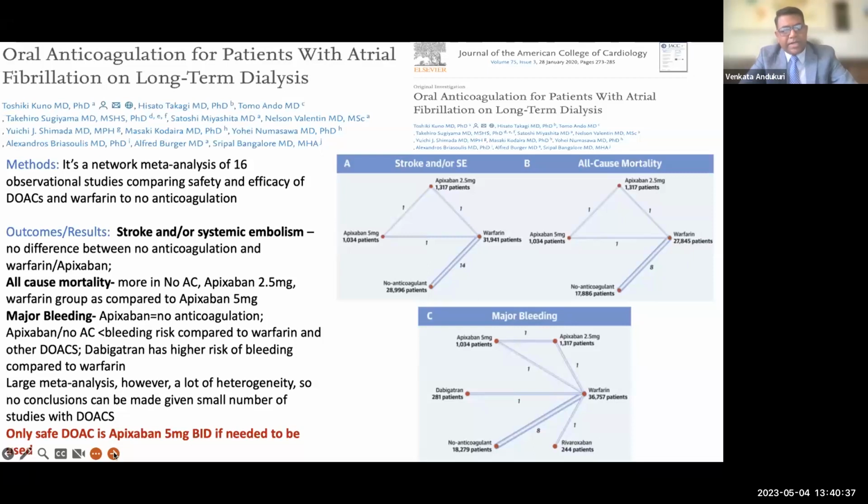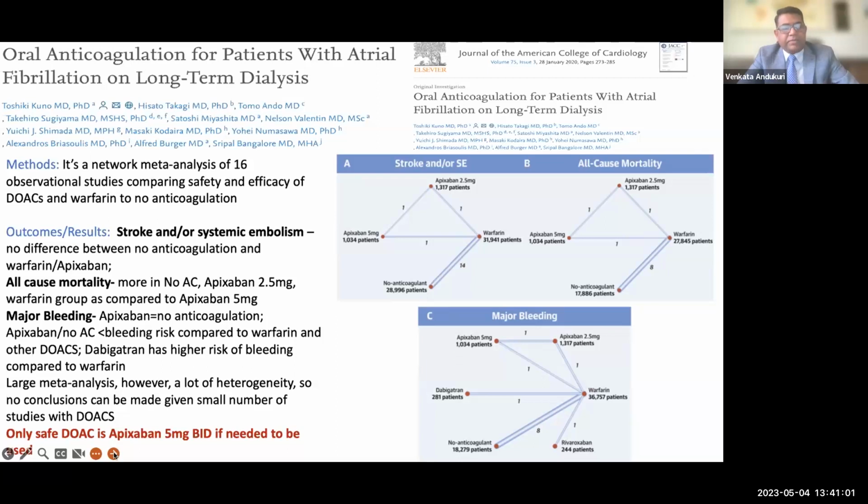All-cause mortality was higher in the no anticoagulation, apixaban 2.5, and warfarin groups as compared to apixaban 5 milligrams. For major bleeding, there was no difference between apixaban and no anticoagulation. So essentially, whether you use it or not, there was no difference in major bleeding.